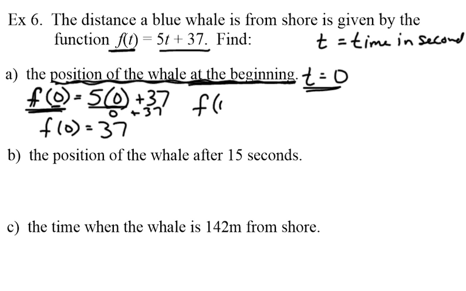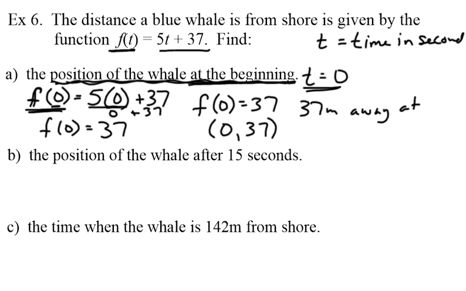So function at 0 equals 37. It's telling us when time is 0, it's 37 meters from the shore. 37 meters away at time 0.